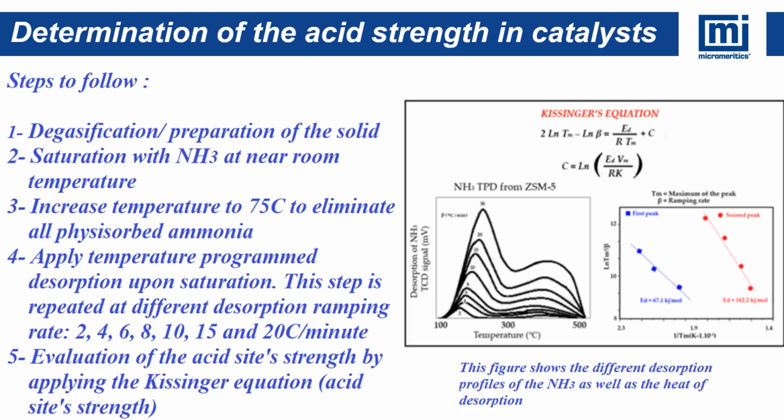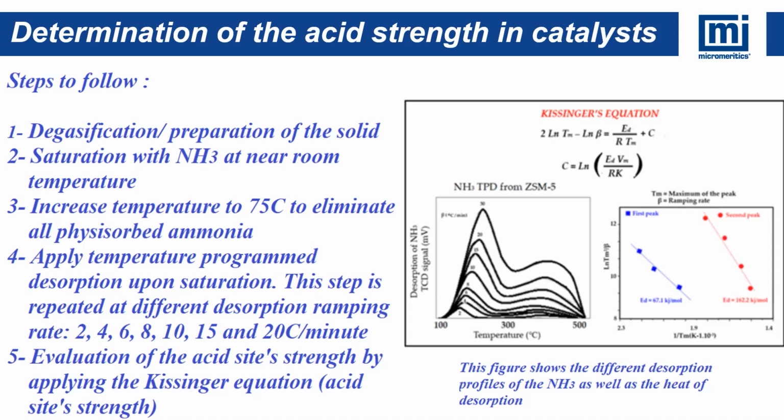In this case, we would like to find out the acid strength of the catalyst, so we use ammonia. In order to do this method with ammonia, the first thing we have to do is degasify, or prepare, the catalyst. Degasification and preparation of the solid is done under vacuum at high temperature, so that the solid is clean of any moisture.